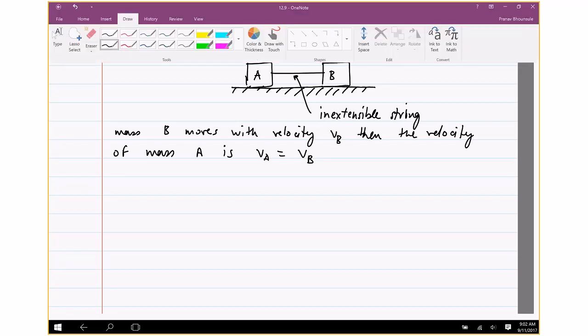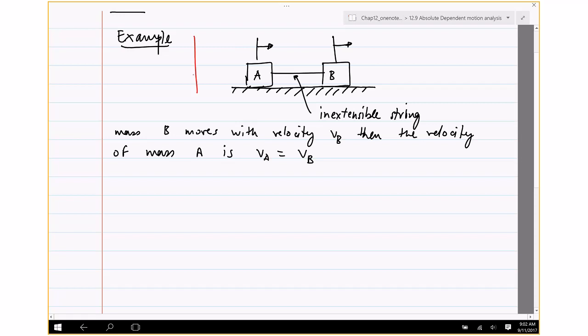What I'll do is I will randomly fix an origin. I will indicate this distance. So this is the origin, which means this is where I measure distances relative to. Let's call this distance XA. This distance is XB.